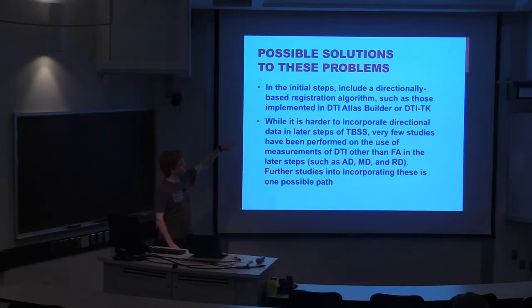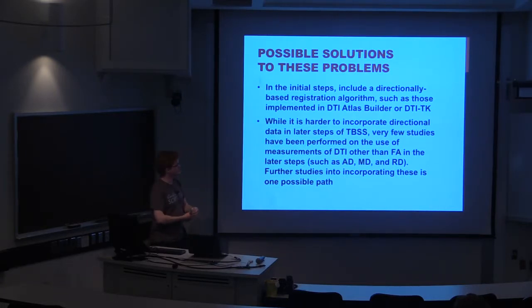There are already registration algorithms which TBSS in its current form just doesn't happen to use, which incorporate this directional data when you're taking each subject and putting it into the same space. So you take an algorithm which doesn't just estimate the FA of all subjects and then put them into the same space. It actually tries to take the tensors and put those into the same space, which is very useful.